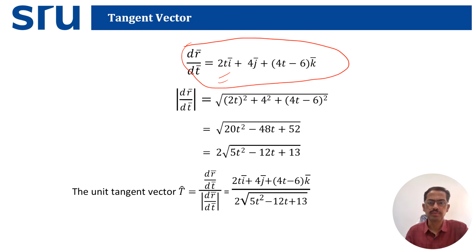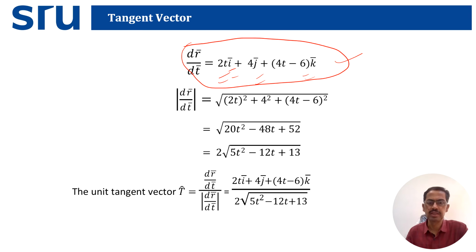And the derivative of 2t square minus 6t is 4t minus 6. So this is dr bar, and with its magnitude, the absolute value of dr bar: square root of (2t) square plus 4 square plus (4t minus 6) square, with i bar, j bar and k bar components, and simplify.